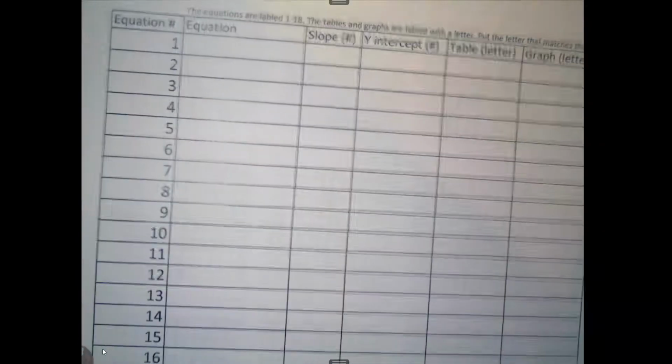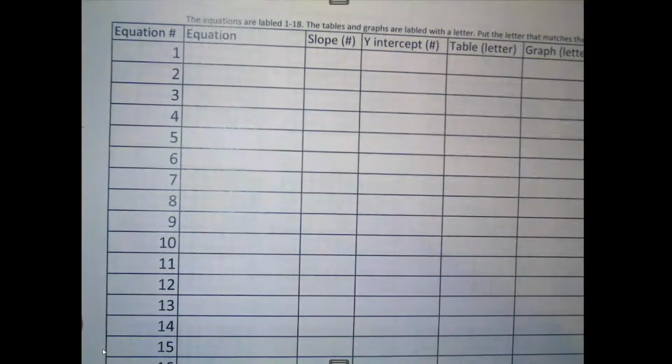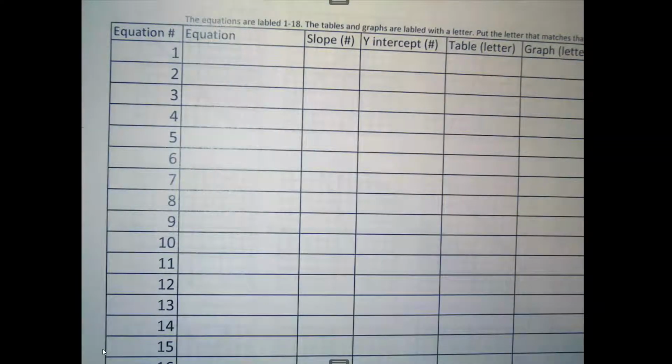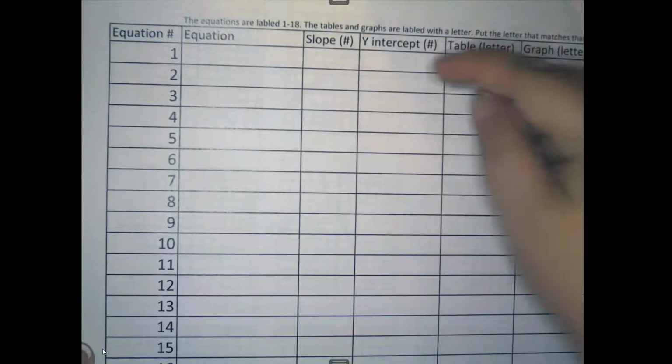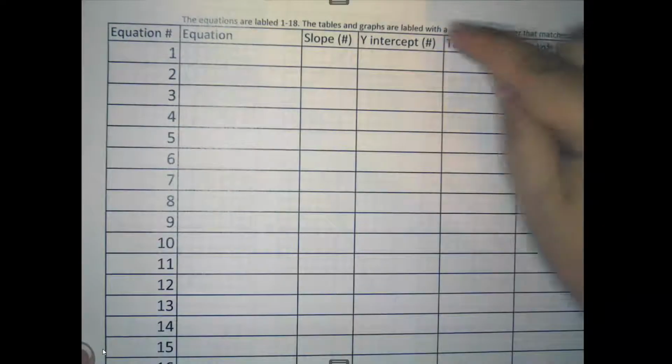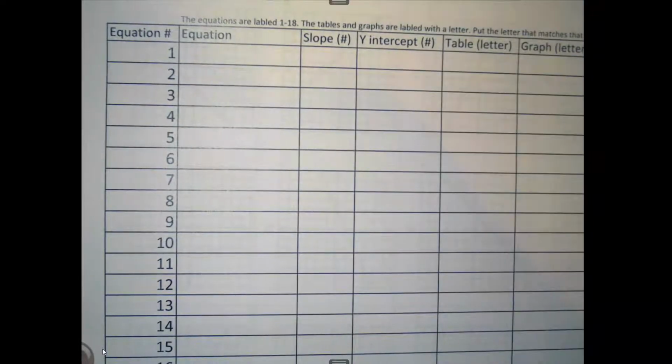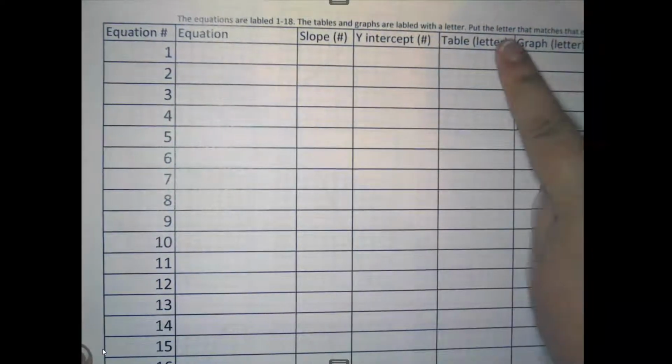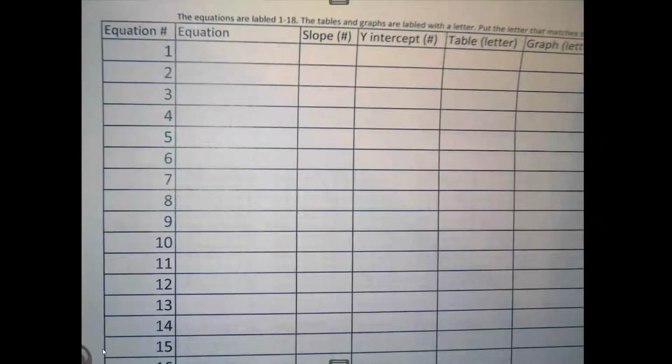All right, so this is the document. You can see that it has the equation number, the equation, the slope number. Sorry, I meant to put something there and I forgot. The y-intercept, which is a number, the slope, which is a number, the table, which is a letter, and the graph, which is a letter.